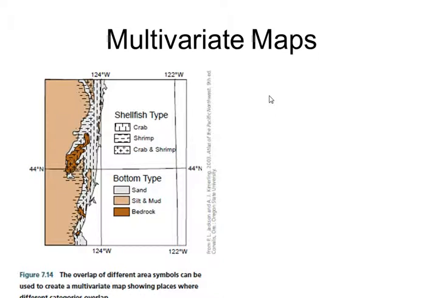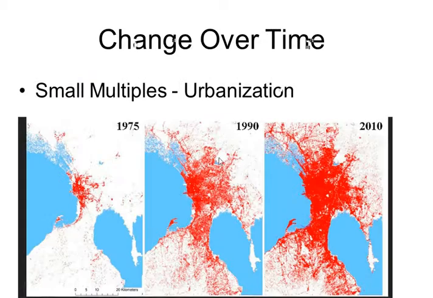Here's a multivariate map. That's showing the sediment type in color, so sand, silt, mud, and bedrock, and then the shellfish type as different kinds of hatcher lines overlaying that. So you get a lot of information when you have this kind of overlay in a multivariate.